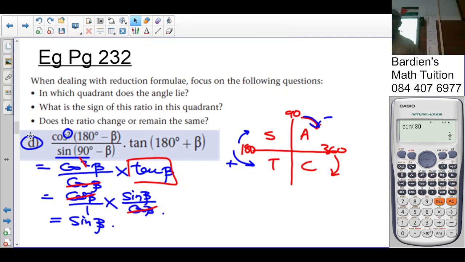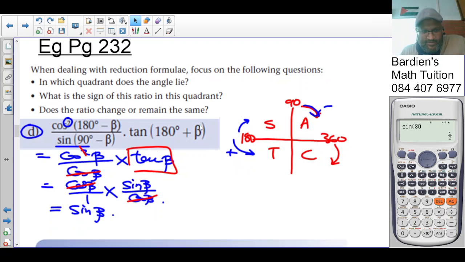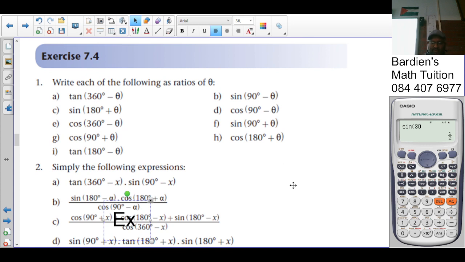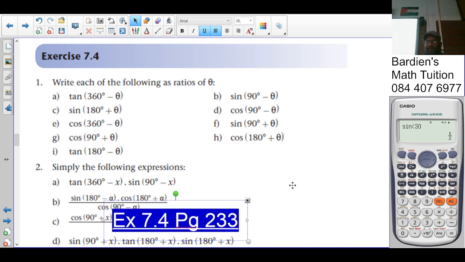For homework, and for the last couple of minutes left of this lesson, it's going to be exercise 7.4, page 233.